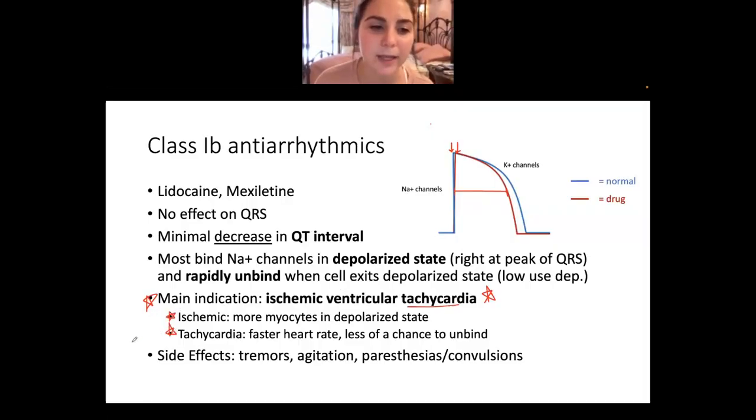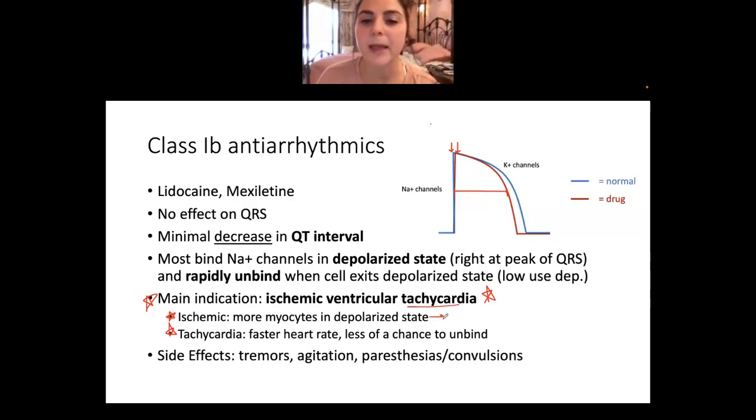I don't know if you guys have gone over ST elevations and ST depressions, but if you haven't, basically what's happening with ST elevation MIs and ST depression MIs is if you have complete ischemia, so like a STEMI, an ST elevation myocardial infarction, that is a complete ischemic heart attack basically. With ischemia, more myocytes are already depolarized.